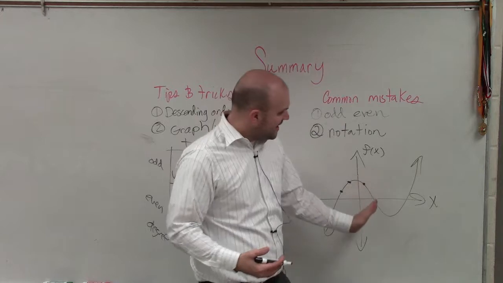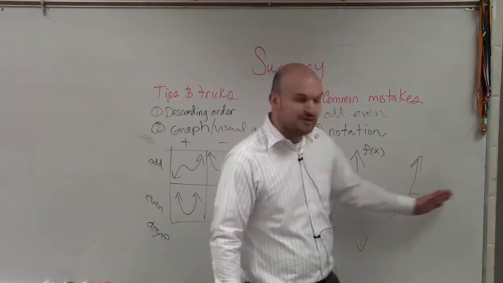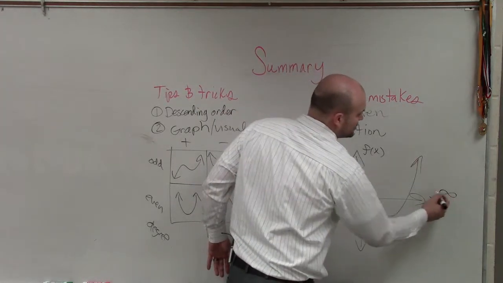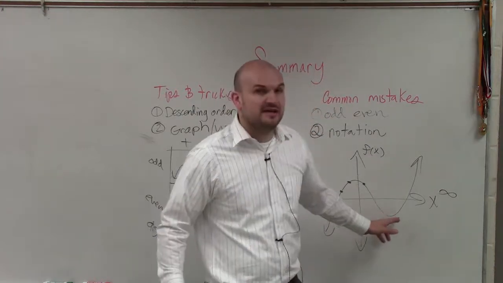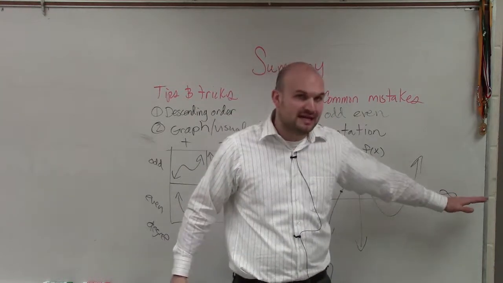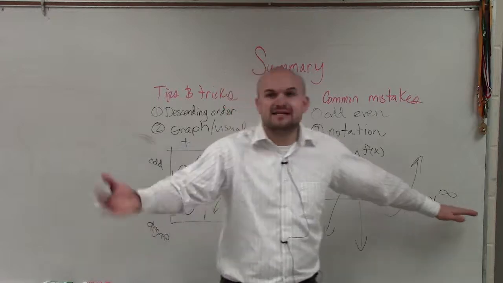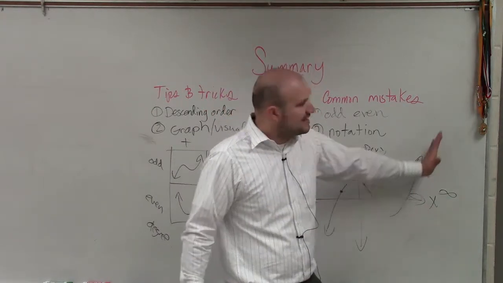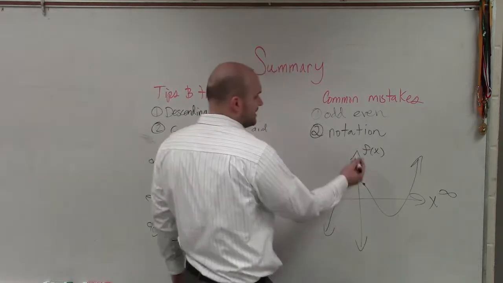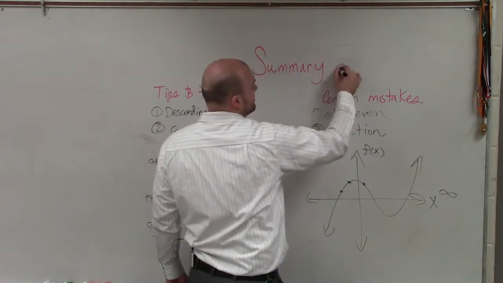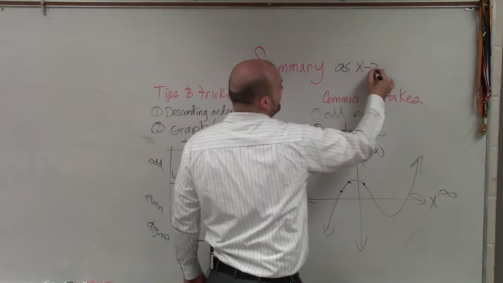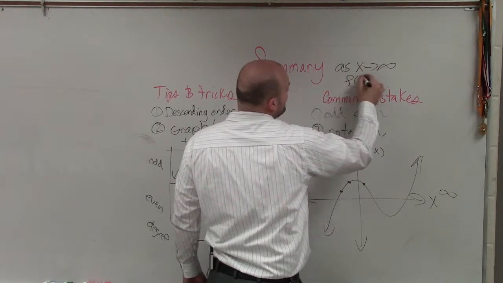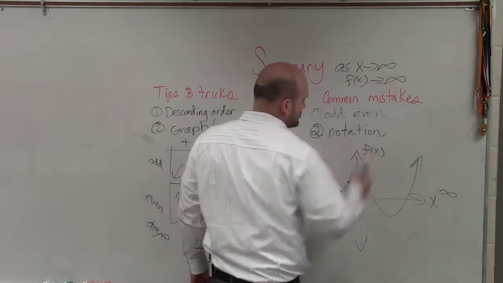As our x values keep going to the right, they're going to eventually approach infinity. As those x values go towards infinity, what do the f of x values, the y coordinates, do? You can see they start to rise, so they go to infinity. So you could say, as x approaches infinity, the f of x coordinates also approach infinity.